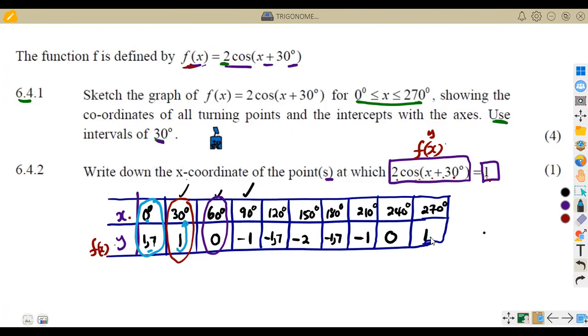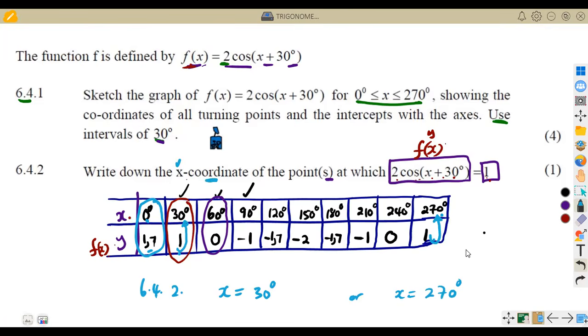Also here, y is equal to 1 at 270 degrees. So meaning to say the values of x that we need there are 30 degrees, which corresponds to 1. So x is equal to 30 degrees, or the other one here, 270 degrees versus 1. So here we need the x-coordinate. It's not a point.